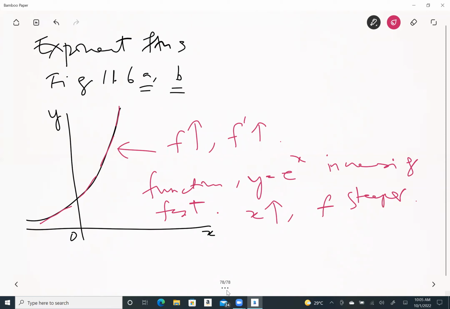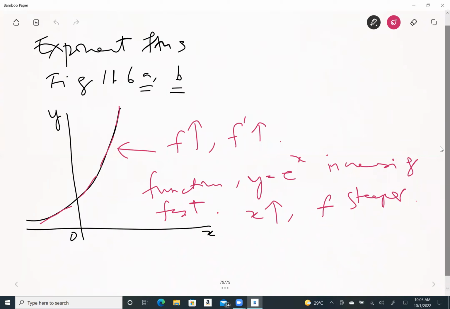Now, what we are interested in, we want to do the derivative. Look at the derivative. The formula is given that if you have y equal to e to the power of u, so what is the derivative?